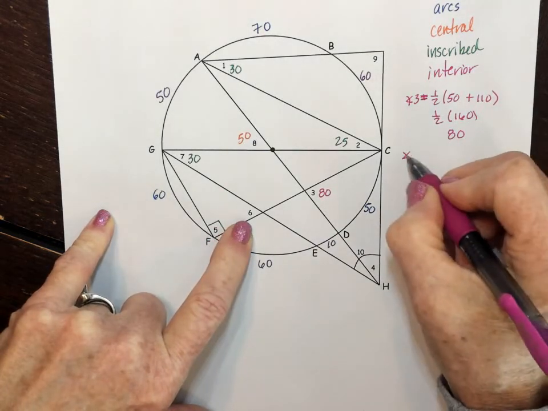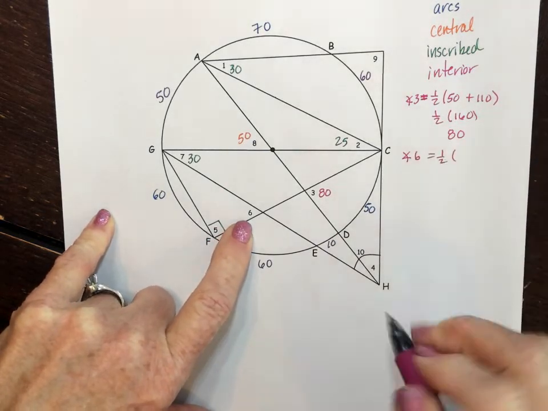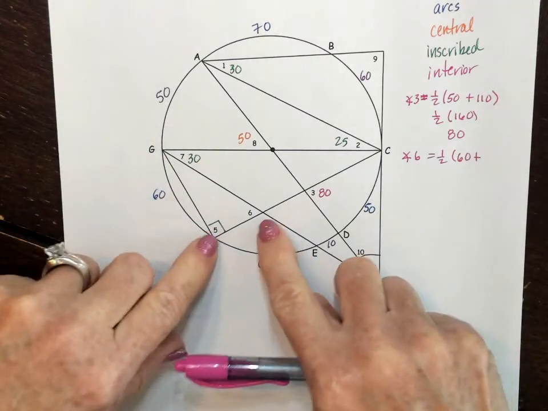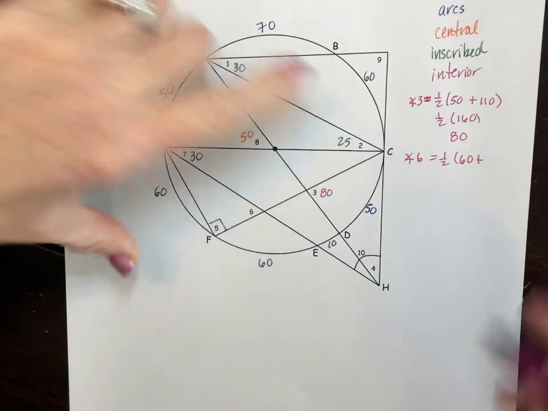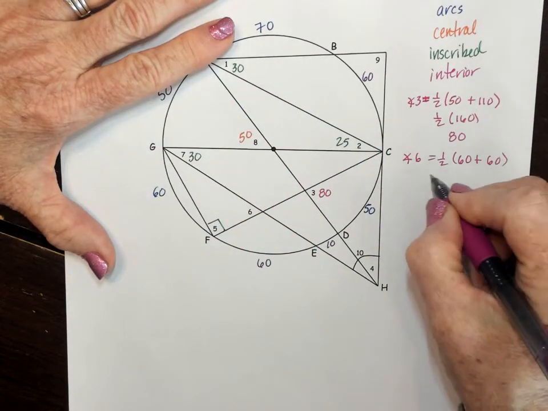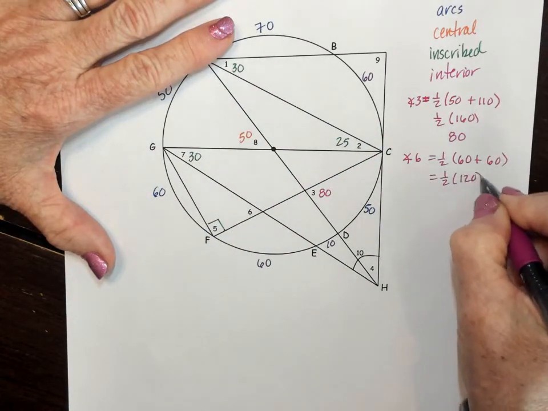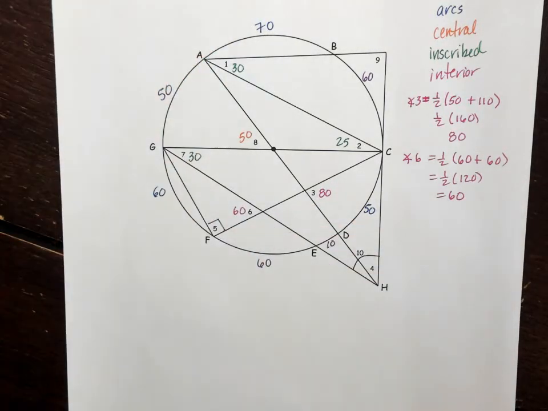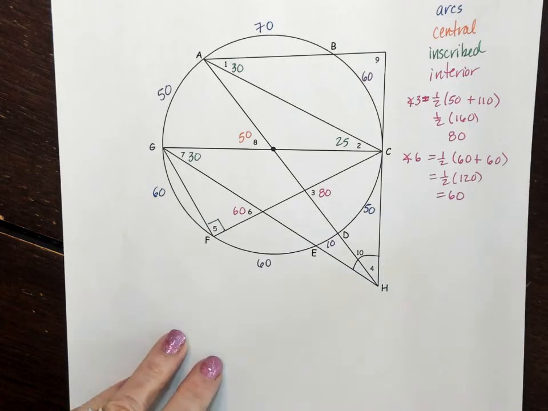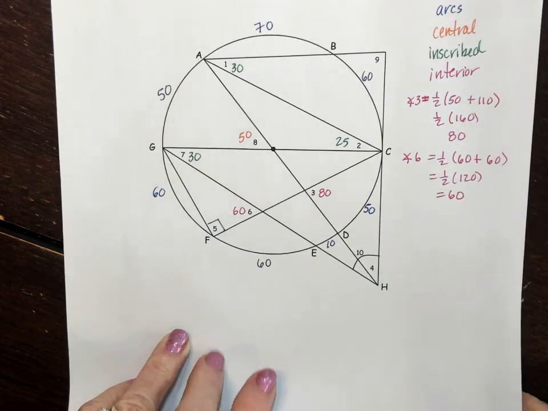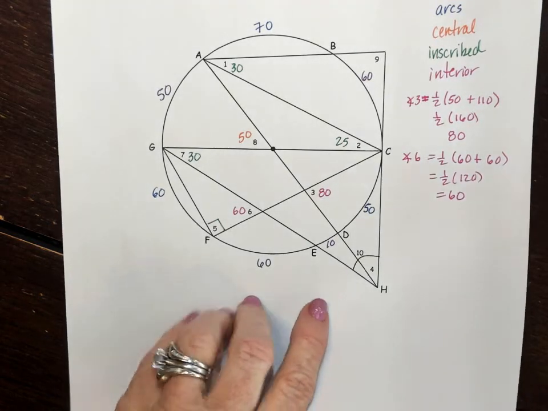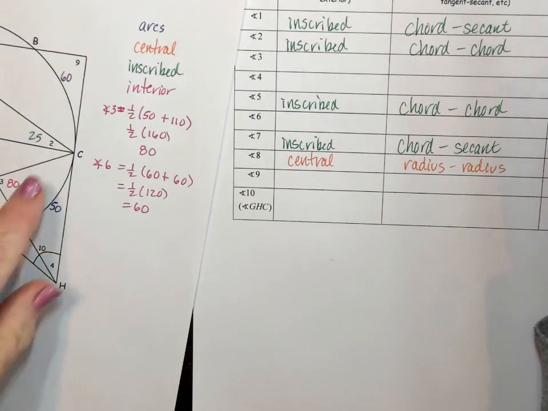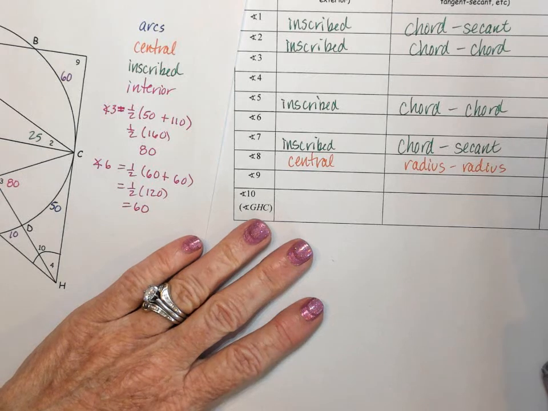Angle 6, half of its arc, 60, plus arc of the vertical angle, 60. Half of 120, which is 60. All right, let's go ahead and put these into our table then. Angle 3 was 80, and angle 6 was 60.